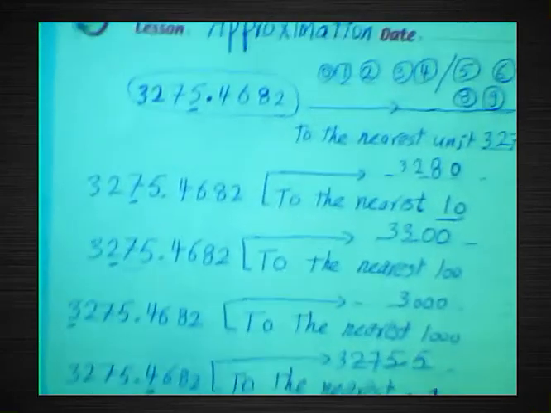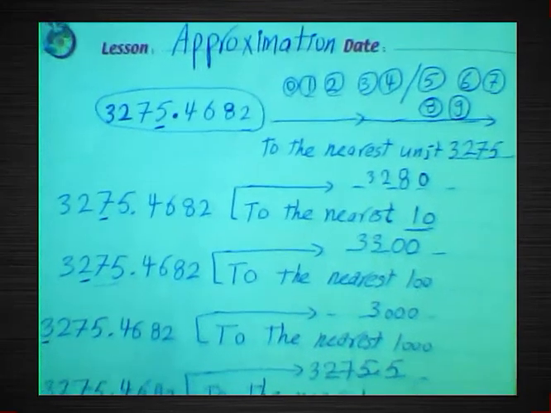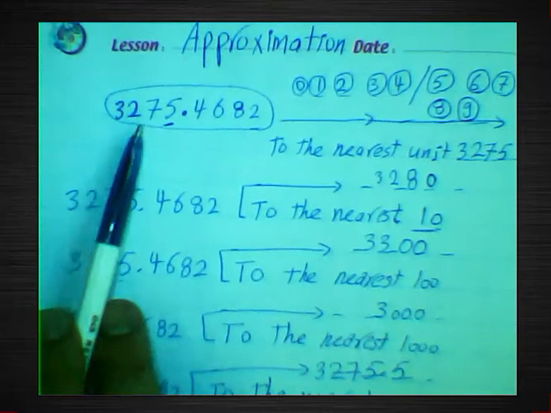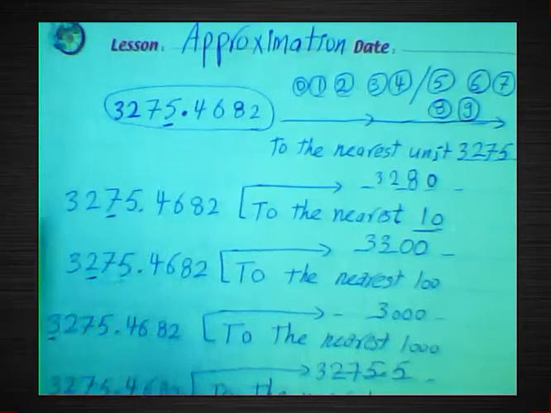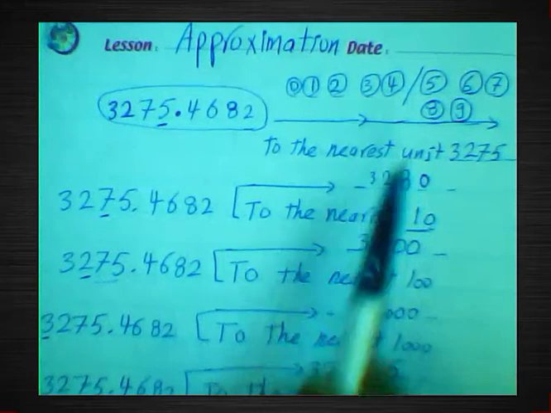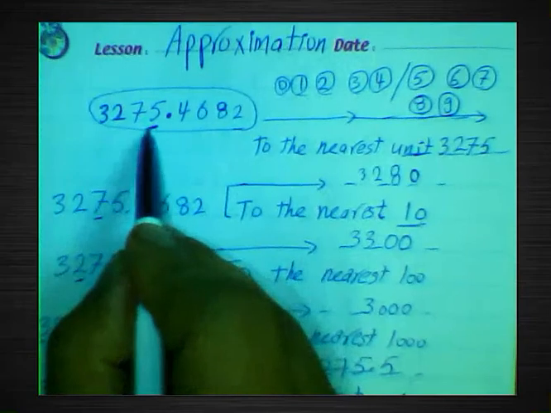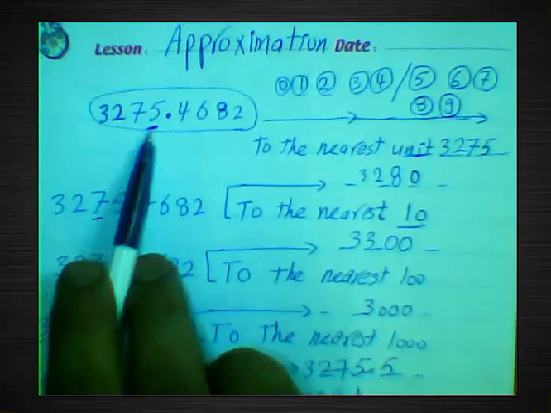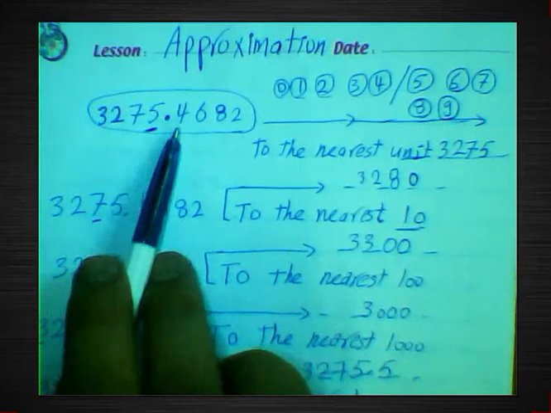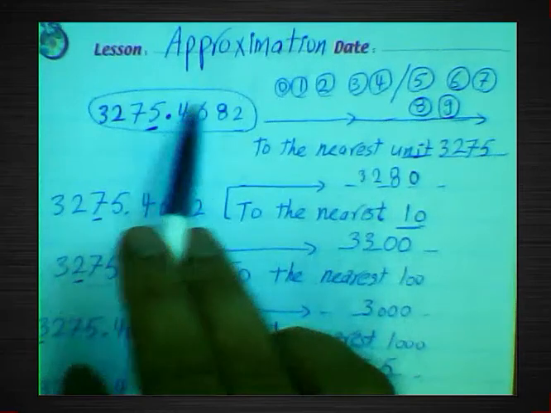again I will talk again about these examples. What if your teacher gives you the example 3275.4682 and he wants to find the result to the nearest unit? First, you must underline the digit in the unit here and look at the right hand side. Right hand side is 4. 4 is less than 5, it can't give 1 to 5, so we will cancel this decimal.